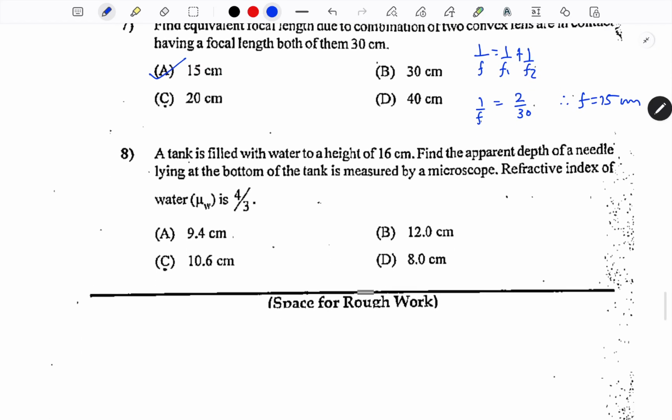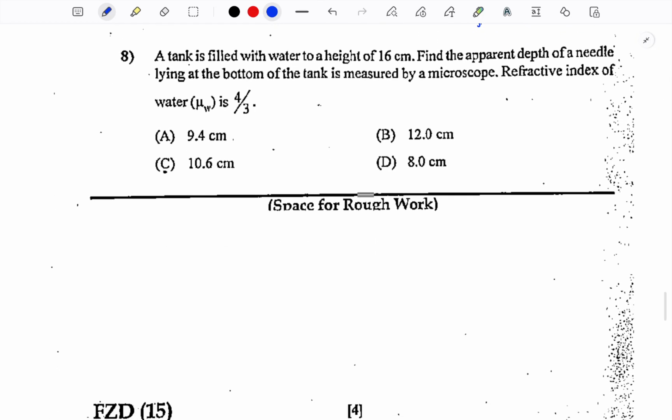Moving further, next question. A tank is filled with water to a height of 16 centimeter. Find the apparent depth of a needle lying at the bottom of the tank, as measured by a microscope. The refractive index of water, mu, is 4/3. So we know that the height of the image H is equal to the height of the object multiplied by the refractive index of air divided by that of water.